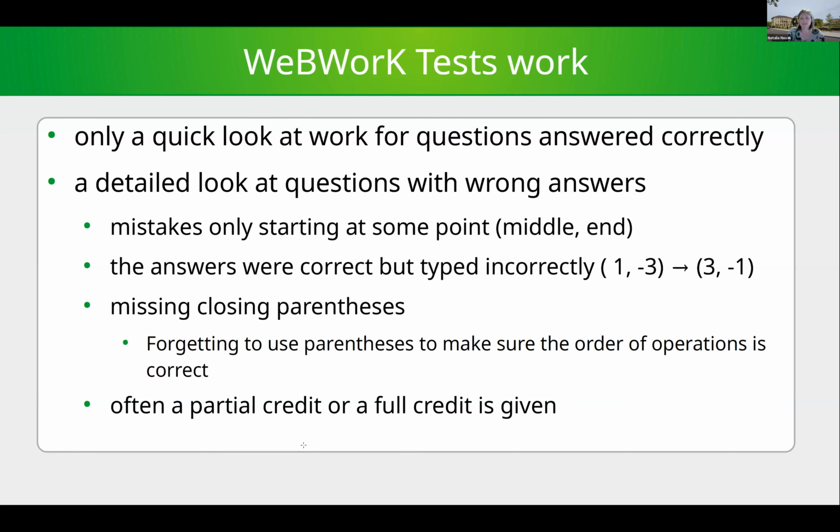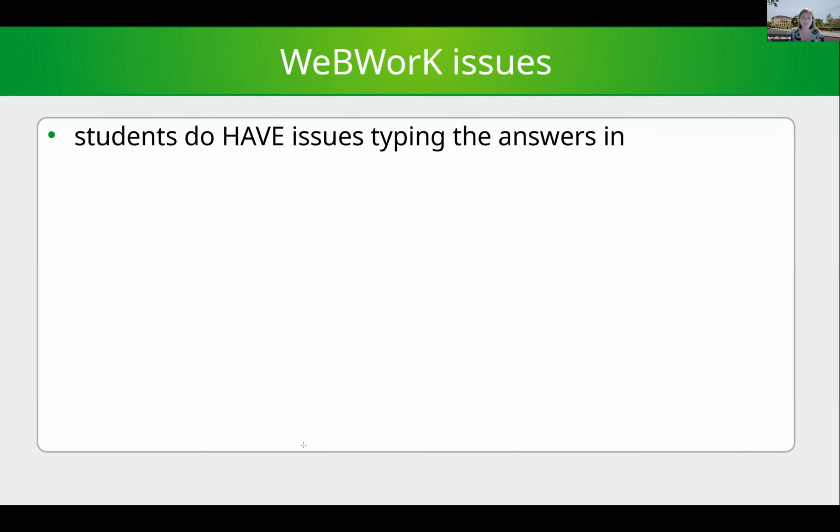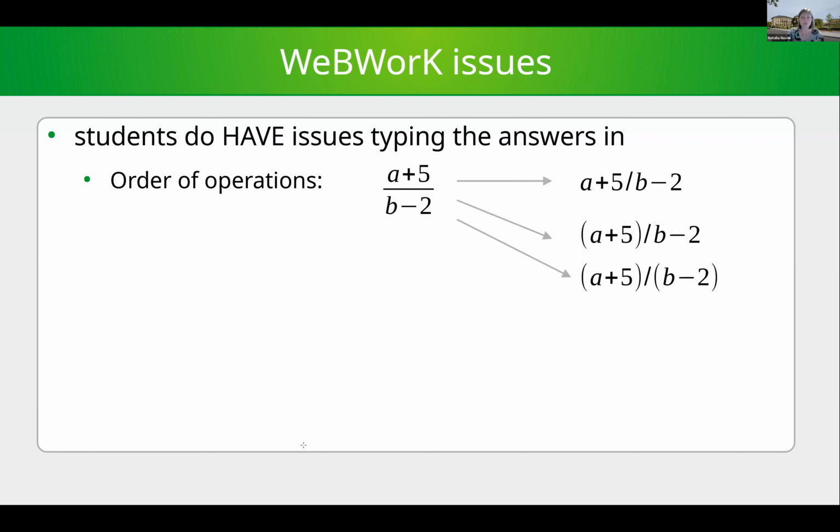When they mistype the signs, they should get almost full credit, not full because it's a mistake. When they miss the parentheses, they should get the full credit back, especially at the end. There are different types of mistakes, but for just missing parentheses, check this example out.